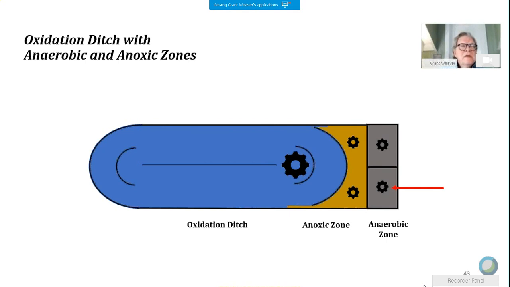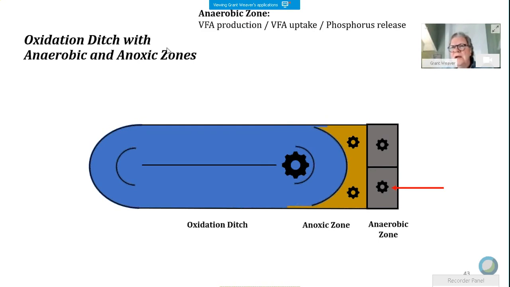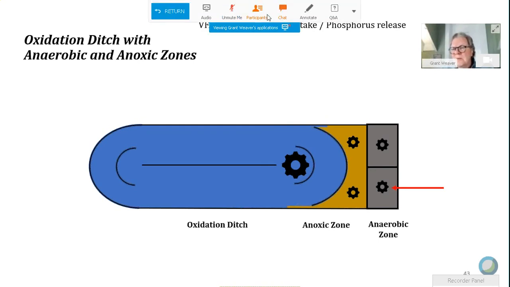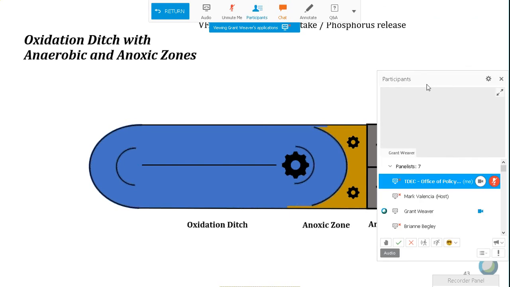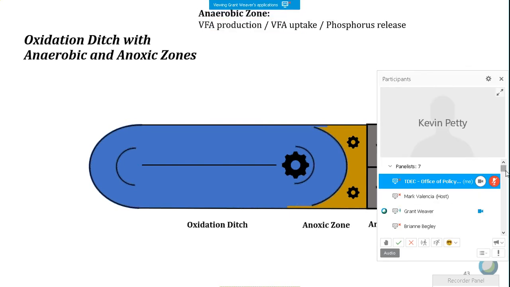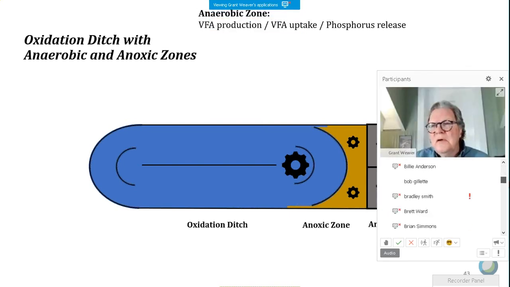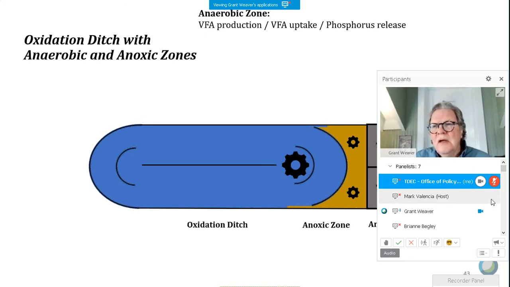So here's a ditch. We have a ditch with an anaerobic and an anoxic zone. How is this ditch designed to work? In this gray or anaerobic zone, there's mixers, and the wastewater comes in and travels. There's no oxygen.